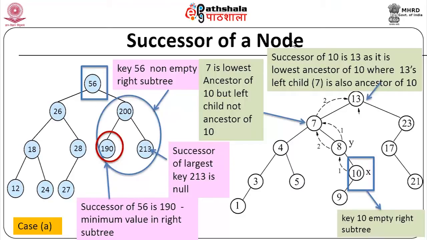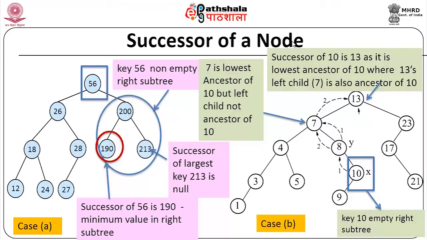The successor of 10 is 13, as it is the lowest ancestor of 10 where 13's left child, 7, is also an ancestor of 10. We could not take 7, because the left child of 7 was not an ancestor of 10, but we take 13 because 13's left child is an ancestor of 10. So, here we find that the successor of 10 is 13.